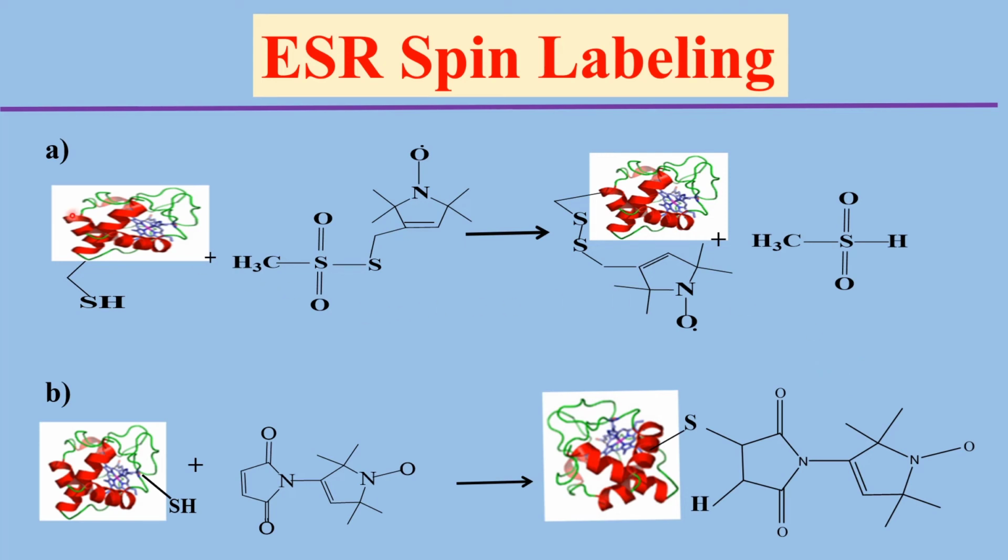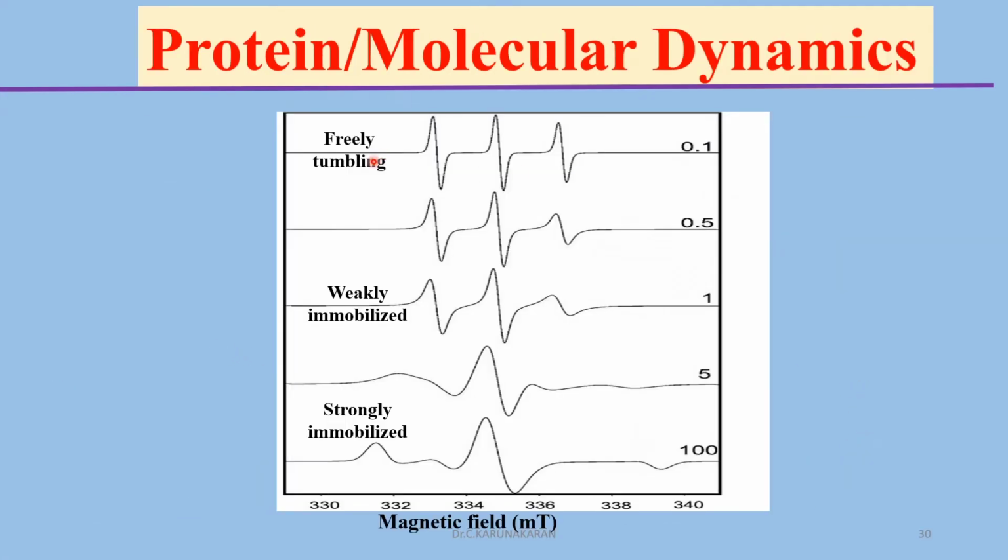Using that, they study the spin labeling and the protein structure. Using the ESR spectra of the spin-labeled nitroxide radicals, which are freely tumbling, from the line width and the line shape we are able to study the dynamics of proteins or small molecules.